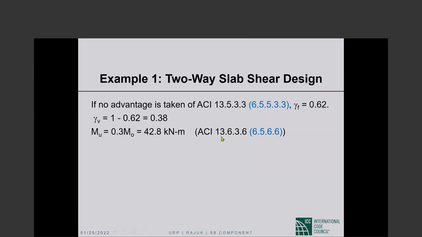This is that particular section of ACI 318. So our transfer moment is 30% of M sub 0. M sub 0 we calculated earlier. So the 30% comes to 42.8 kilonewton meters. This is somewhat important. Okay, you do not transfer the end moment of 26% of M sub 0. You transfer a higher moment, 30% of M sub 0. That in our case comes to 42.8 kilonewton meters.